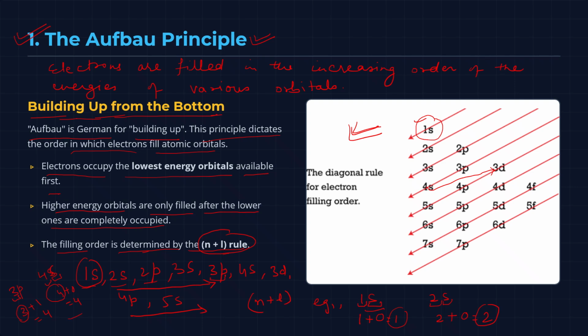So these two things we have to remember in the Aufbau principle. And Aufbau principle is what? Electrons are to be filled in the various orbitals in the increasing order of their energies. So this is the Aufbau principle we have studied.